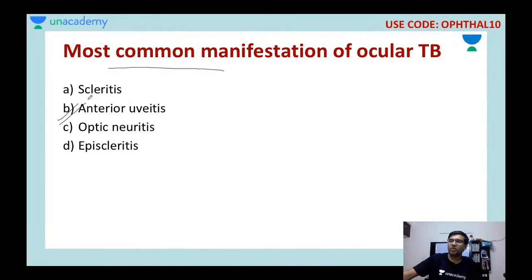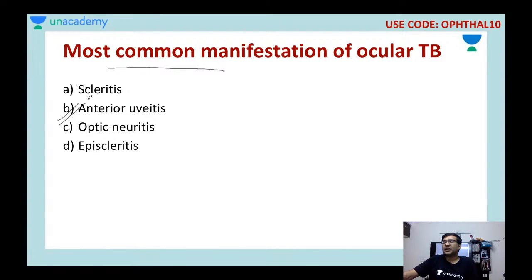Now this tuberculosis can have a variety of ocular manifestations. Most commonly, the ocular infection of tuberculosis is secondary to some other pathology inside the body. The patient may have lung tuberculosis or lymph node tuberculosis, which has now gone into the eyeball, most commonly in the vascular areas of the eyeball.